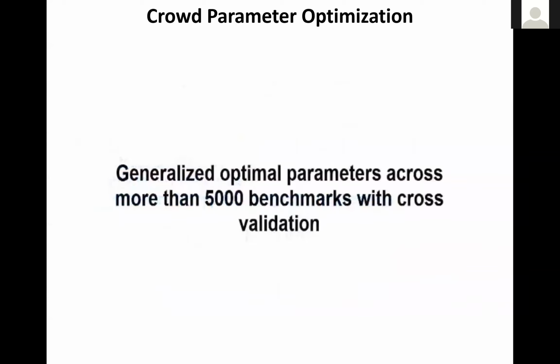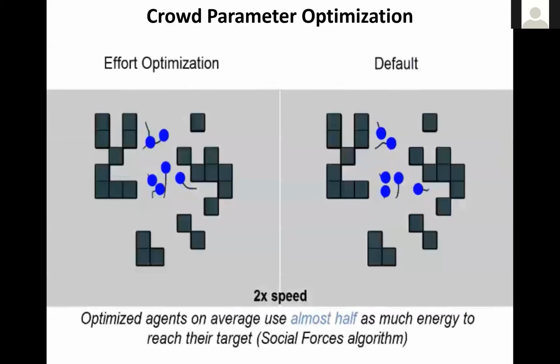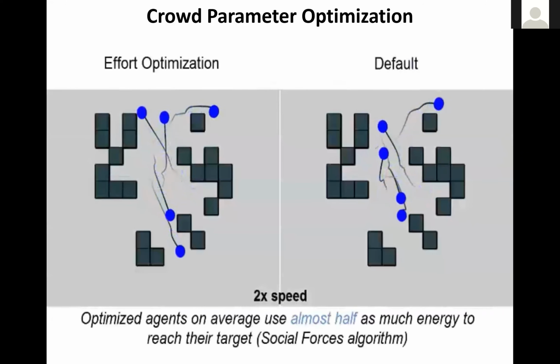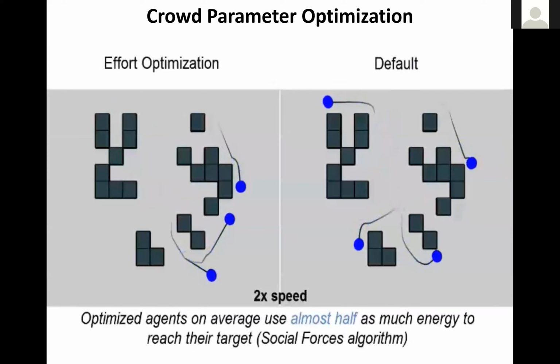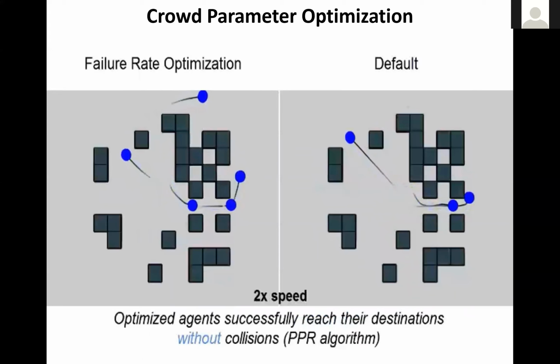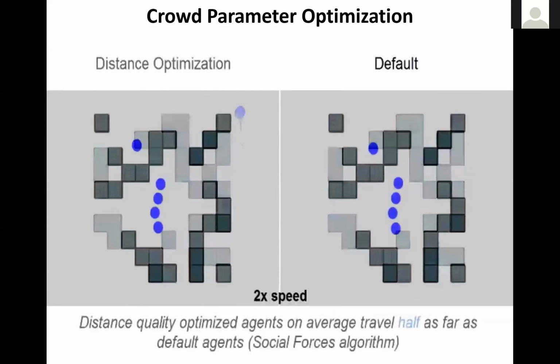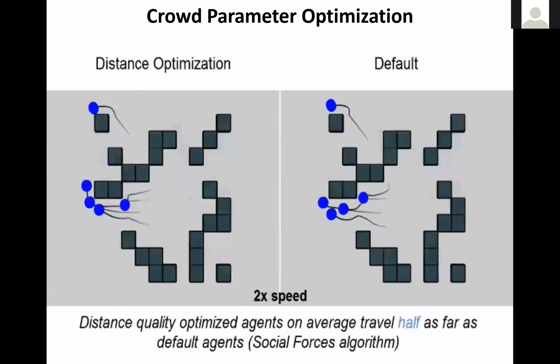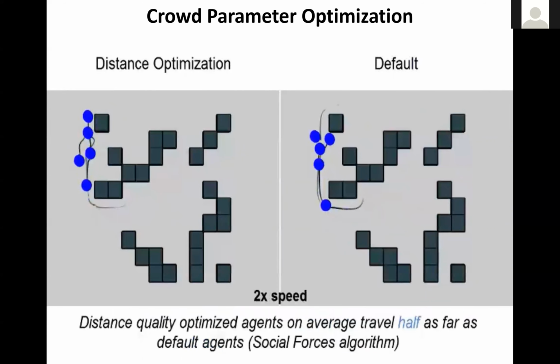So we can think of a crowd simulation as a very complex physical system, right, where each agent has parameters that govern how it moves. If we expose all of those parameters to a global solver, a global optimization layer, and the task of that solver is to select the parameters of movement of each individual agent in order to optimize a global objective, we can actually solve for that.